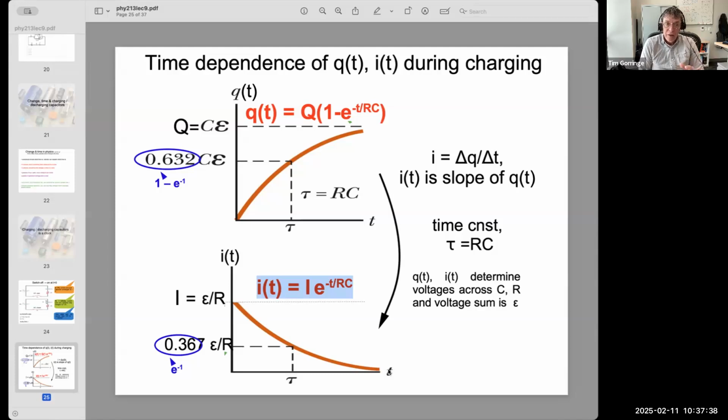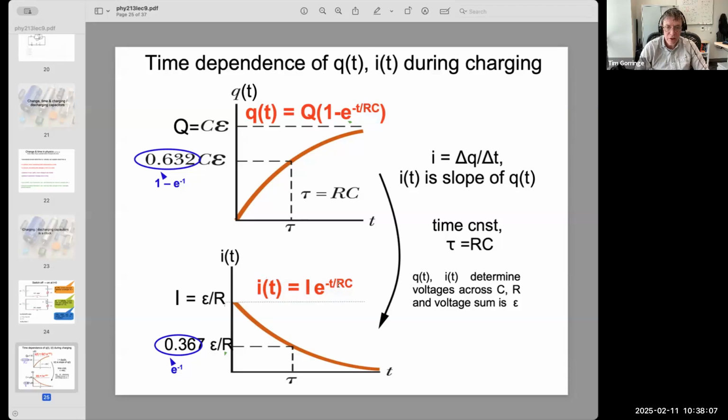So the charge grows according to an exponential function. The current falls off after initially starting up according to an exponential function. And the exponential functions have a time scale that we call tau, and that tau is the product of R and C. And so the time scale of charging up is determined by RC, the time constant.